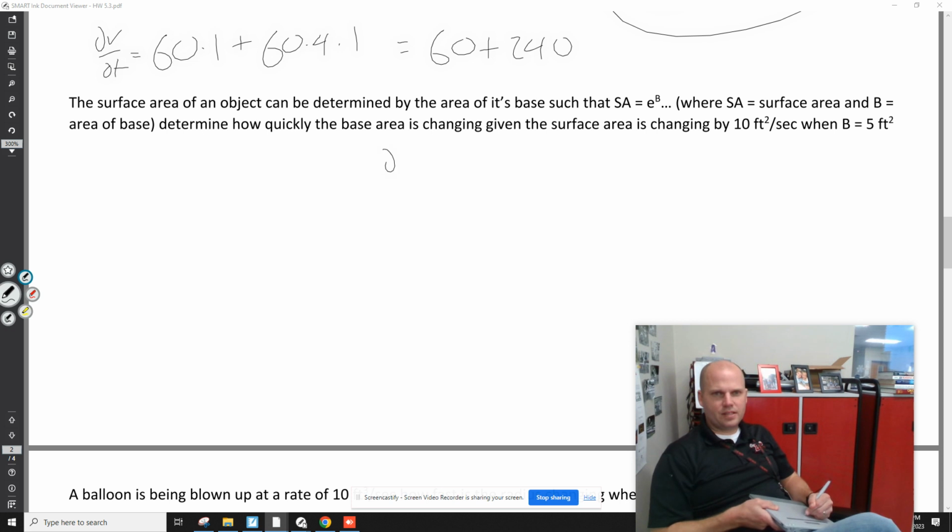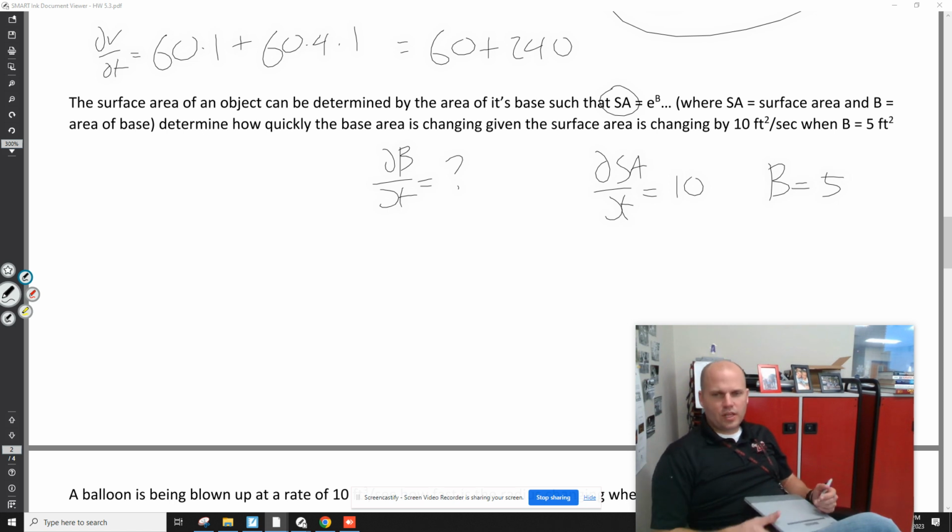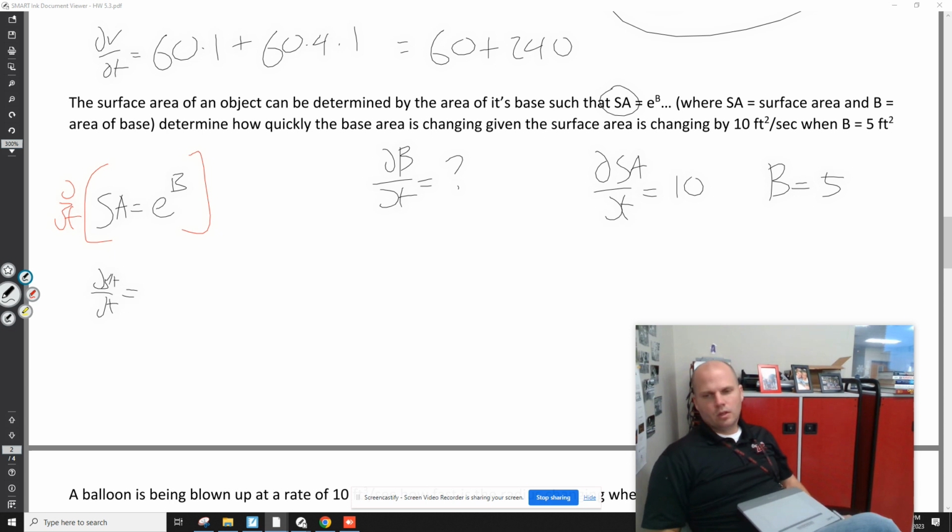Determine how quickly the base area is changing. Given the surface area. I'm giving SA, so it's like dSA is 10 when B is 5. So I think I want you to take the derivative of this and freak out a little bit. Don't freak out. The derivative of the surface area is dSA over dt. Well, let's think about this.